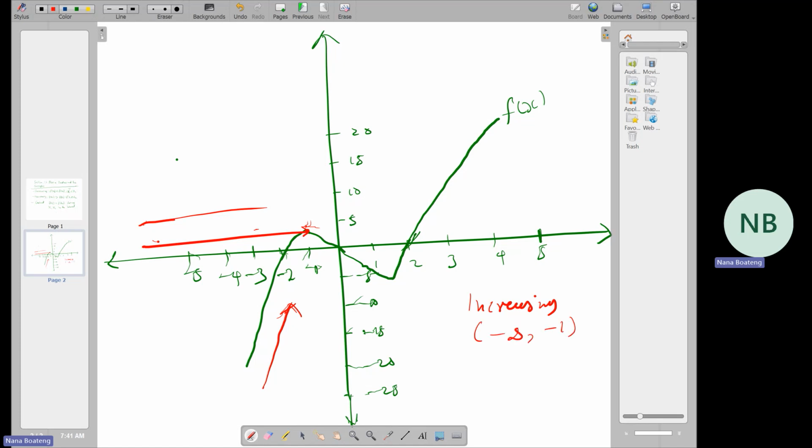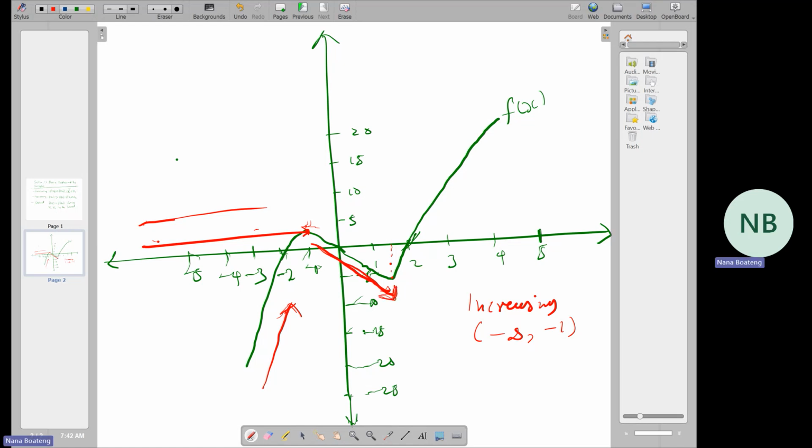But when it gets to negative 1, it begins to go down until x is about 1.5, taking the middle of 1 and 2. So up to about 1.5, you can see that the function is decreasing.